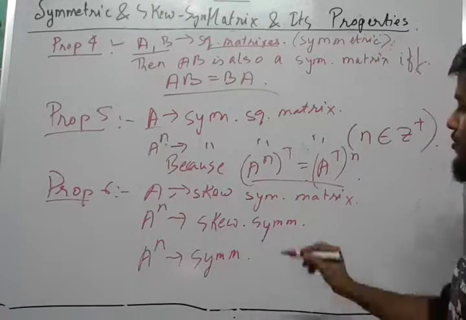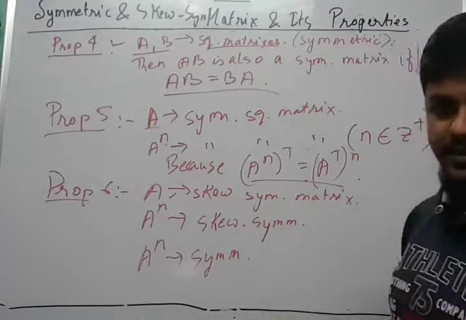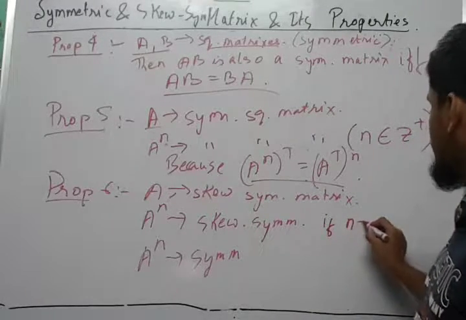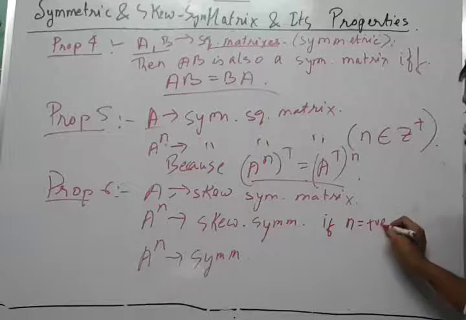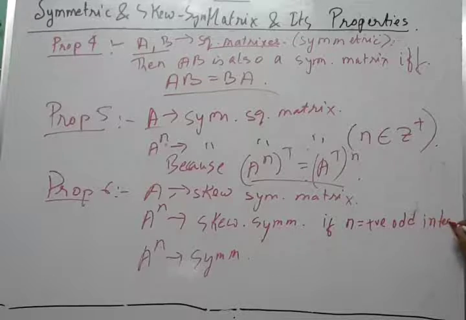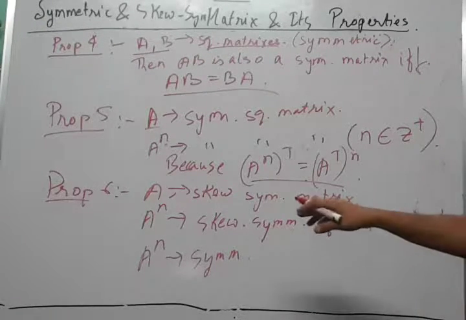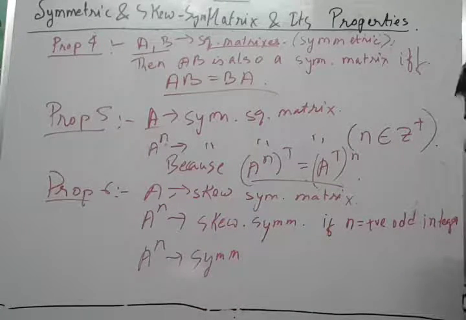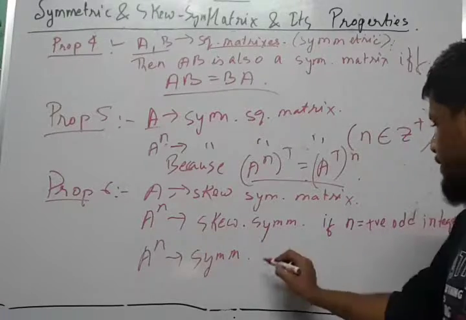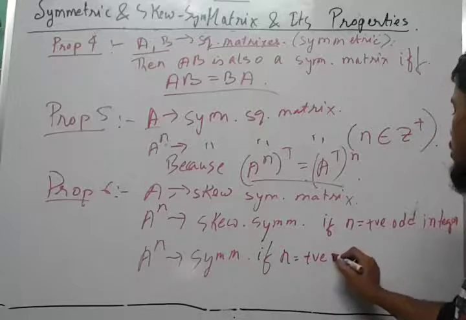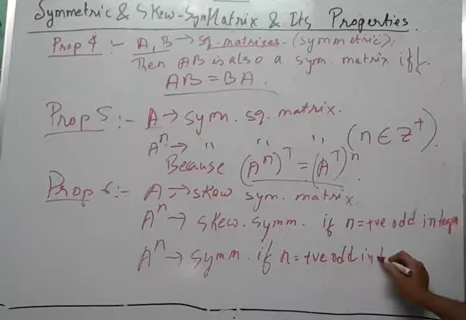There are two conditions. So when is A^n skew symmetric? A^n is skew symmetric if n is a positive odd integer, provided A is skew symmetric, and A^n will be symmetric if n is a positive even integer.